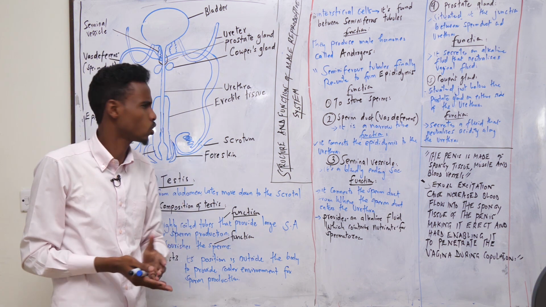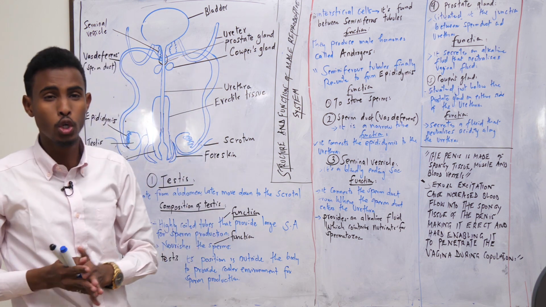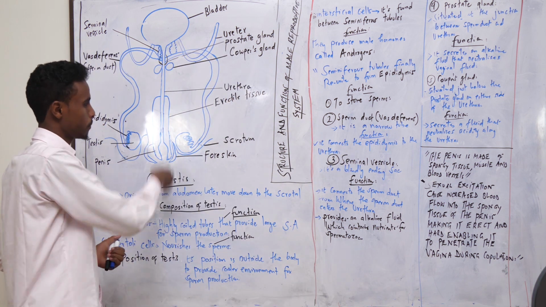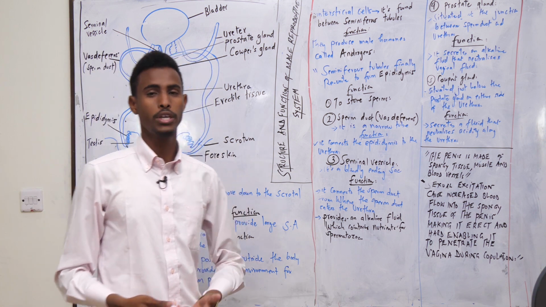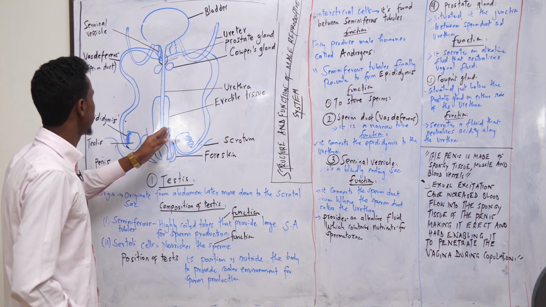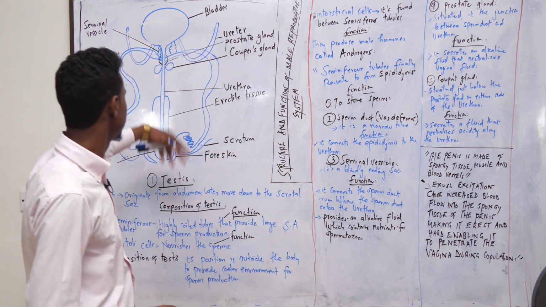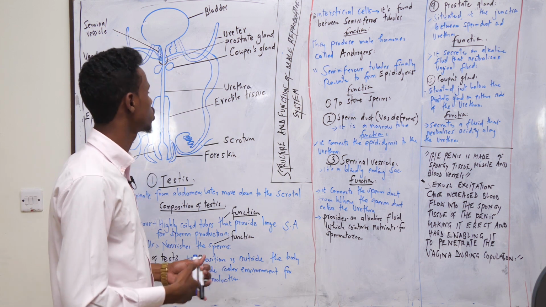Now, what is the function of these glands? They secrete a fluid that neutralizes the acidity along the urethra. Now, class, acidity along the urethra is basically caused by the pH variation of the urine. We know that one of the functions of the kidney was regulation of pH.